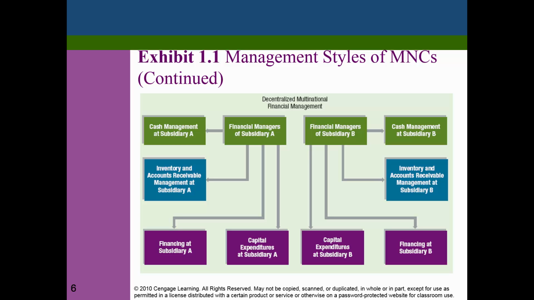So in this case, the parent really leaves all these decisions to the subsidiary. So that's an example of a decentralized management. So for both A and B, the capital investment decision, the financing decision, and the inventory and accounts receivable management are done by subsidiaries A and subsidiaries B.